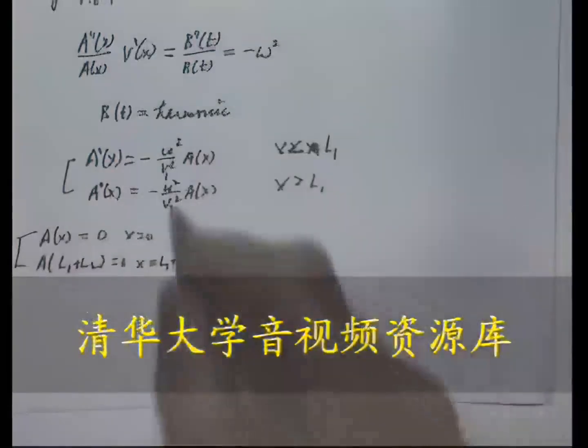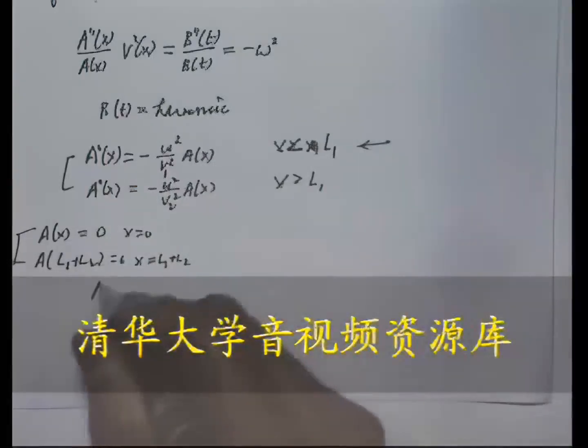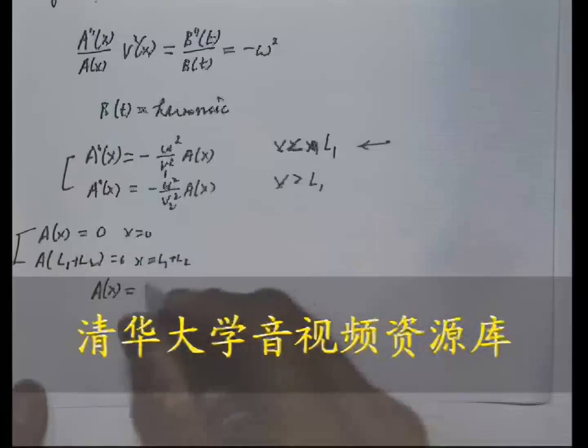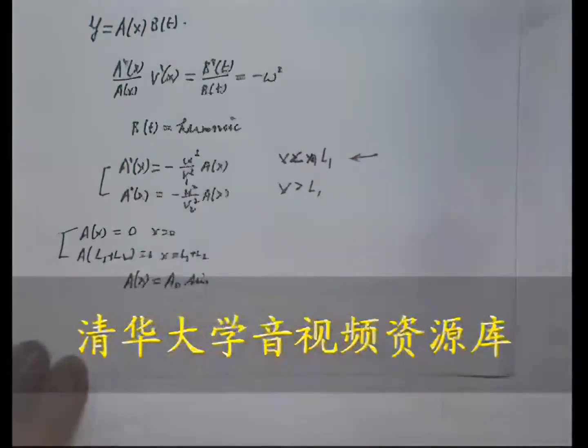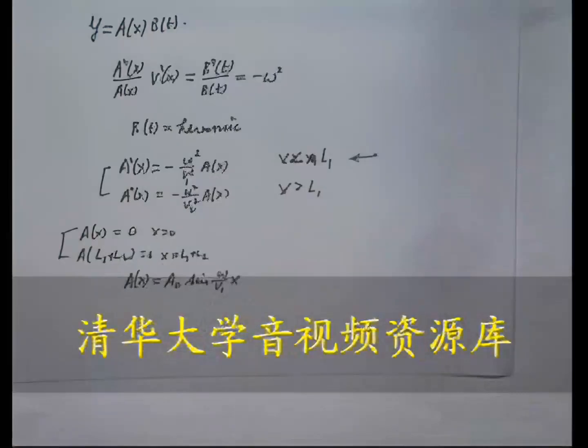So if we use that to solve this equation, we get a of x is equal to a0 sine. You can have a cosine also, but the cosine part must be 0 in order to satisfy the first boundary condition.